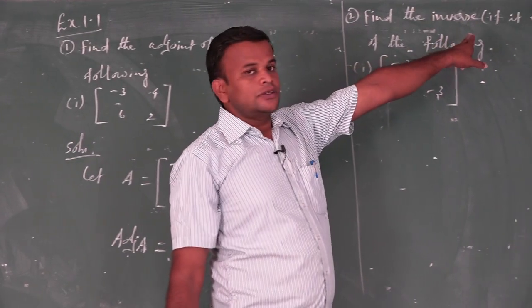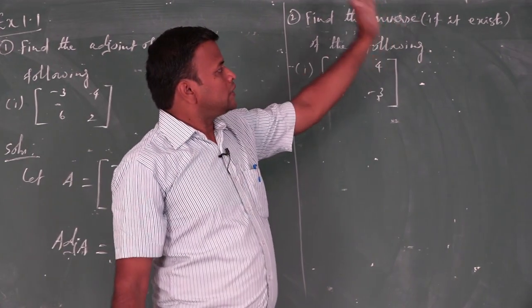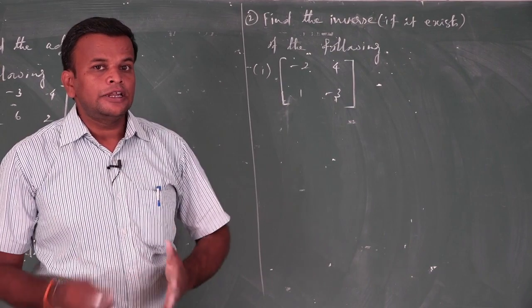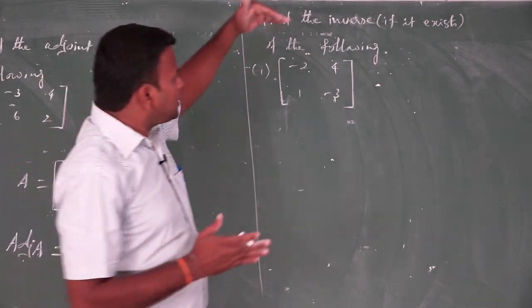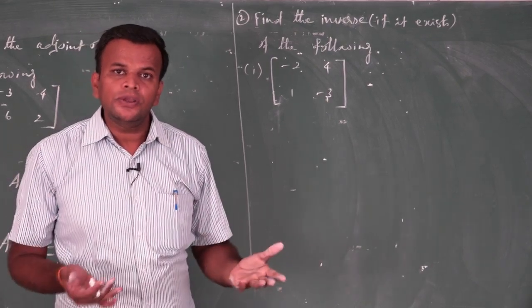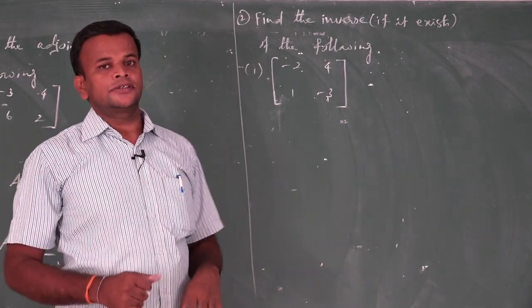Find the inverse, if it exists, of the following. If it exists means the determinant is non-zero, then A inverse exists. If the determinant becomes 0, A inverse does not exist.